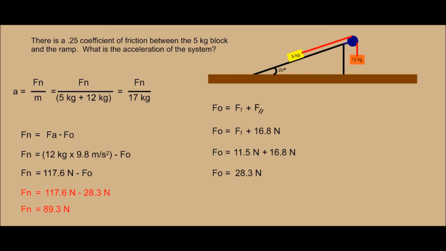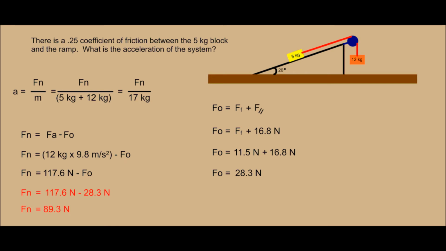Okay, one last step. We know, going way back to the beginning here, that acceleration was net force divided by mass. The mass of the system is the combination of the yellow and the orange blocks, 5 plus 12, which is 17 kilograms. The net force is the combination of the applied and the opposing forces. The applied force was 117.6 newtons.